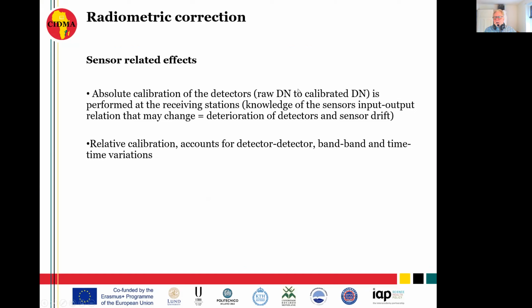They are doing a correction going from raw DN to calibrated DN. So when we get the satellite data, it's already calibrated. But then we may need to calibrate for different detectors, or different bands, or different time variations.